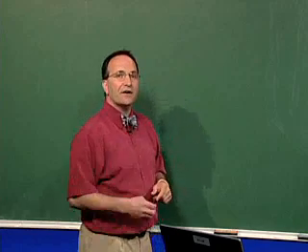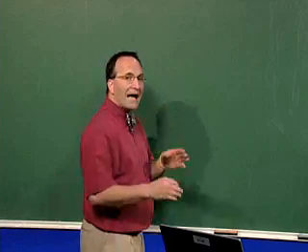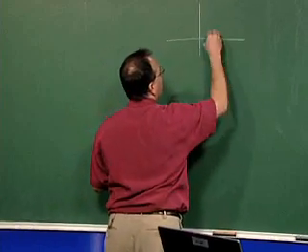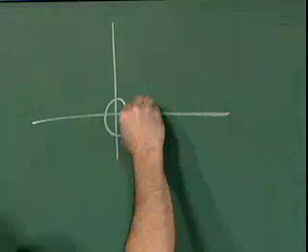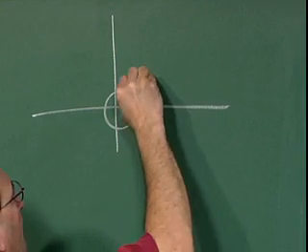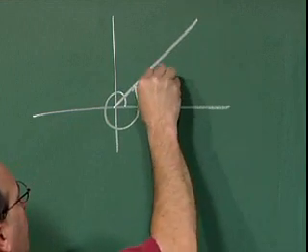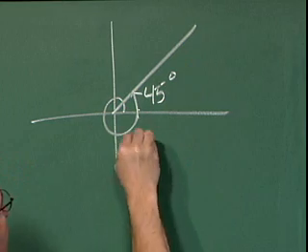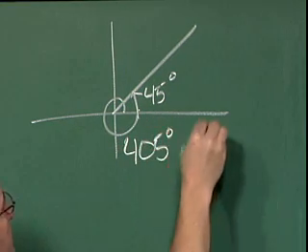All right, let's find out how you did on this problem. We have the angle of 405 degrees. So that would be, once around is 360, I have to go an additional 45 degrees. And that would give me a total angle of 405 degrees.